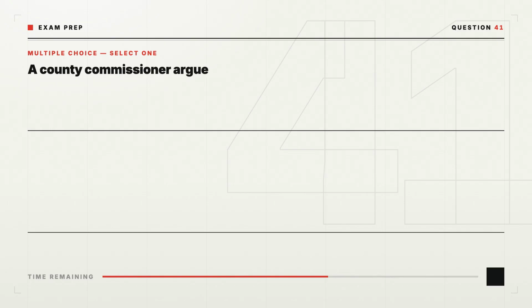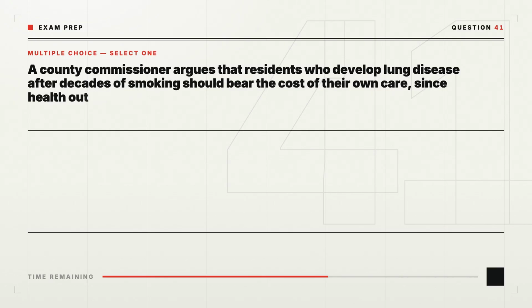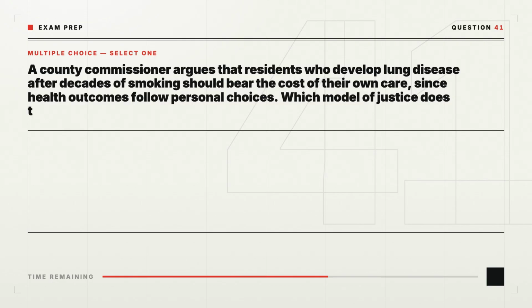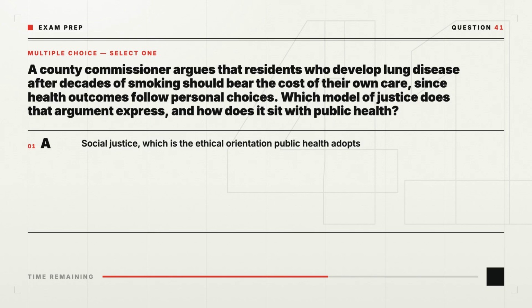Question 41. A county commissioner argues that residents who develop lung disease after decades of smoking should bear the cost of their own care, since health outcomes follow personal choices. Which model of justice does that argument express, and how does it sit with public health? Your options are A. Social justice, which is the ethical orientation public health adopts.